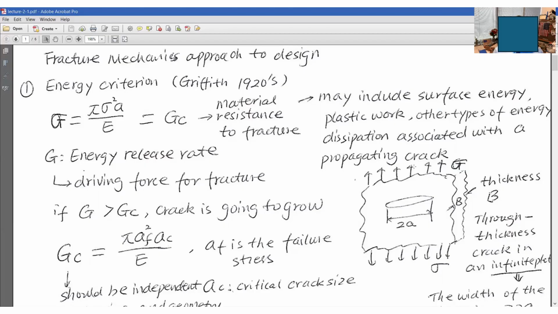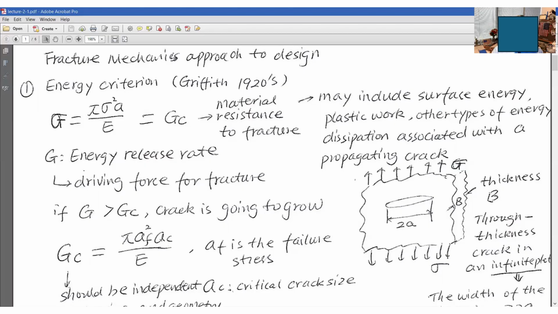This is an equilibrium. If the energy is too high, the component will crack. When the component cracks, some energy will be released. So this is how the crack initiates and propagates from the perspective of energy.